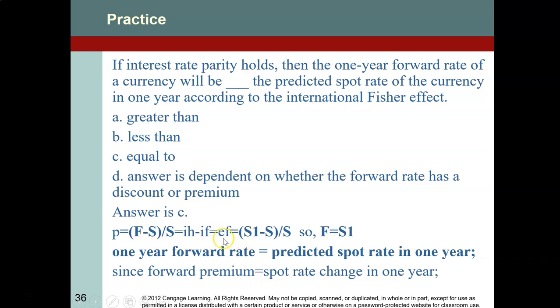EF equals S1, the spot rate after a year, minus S, the current spot rate, divided by S, the current spot rate. So F, the forward rate, equals S1. The 1-year forward rate equals the predicted spot rate in a year, S1, because the forward premium equals the spot rate change in 1 year.